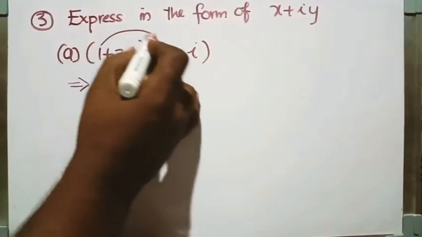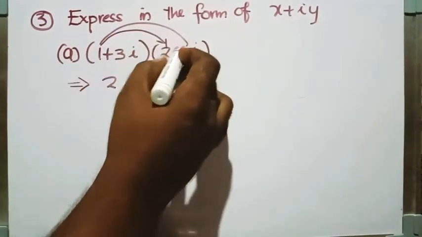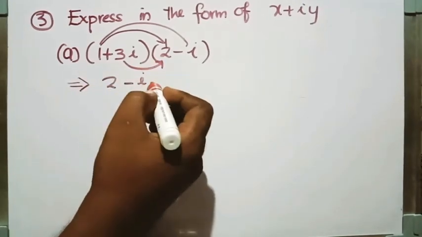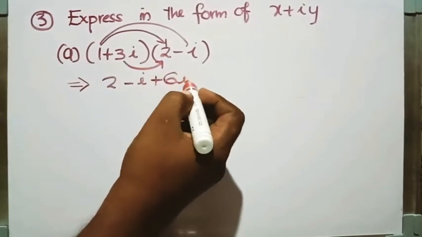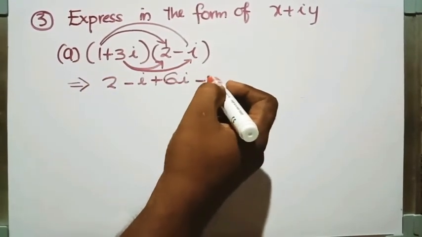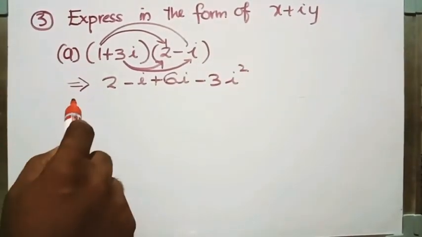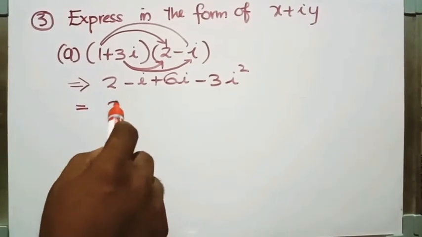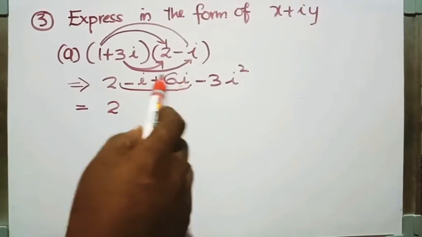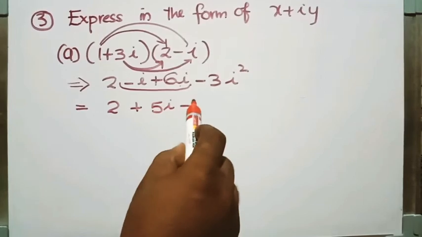So when we do that, we get 1 into 2 as 2, plus 1 into minus i as minus i, plus 3i into 2 as 6i, plus 3i into minus i as minus 3i squared. That is 2. The middle two terms give us the like terms. So 6i minus i is plus 5i, minus 3i squared.